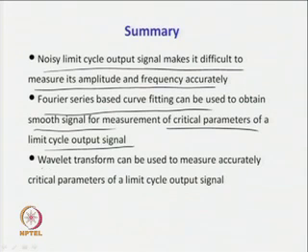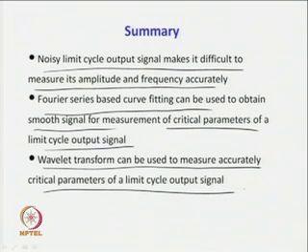Now, also wavelet transform can be used to measure accurately critical parameters of the limit cycle output signal. So, thus we have studied two techniques using which we can retrieve limit cycle output signal from the noisy one.